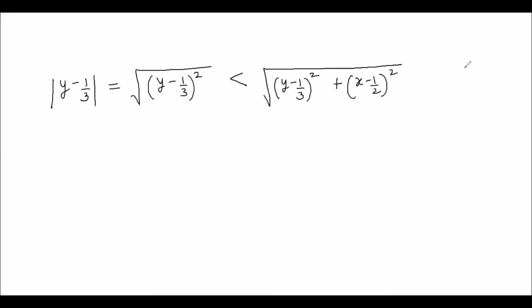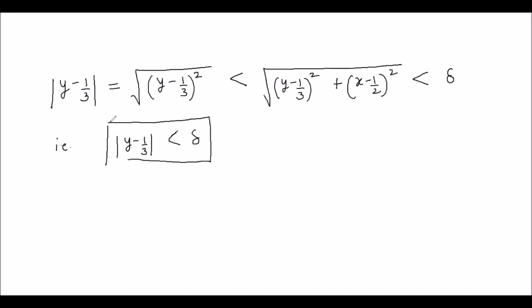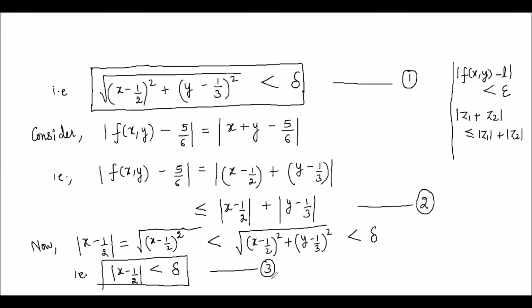So from equation 1, we get mod of y minus 1 by 3 is less than delta. We can name this as equation 4. Now we will be using equation 3 and equation 4 in equation 2.